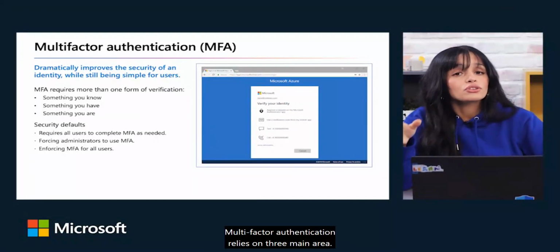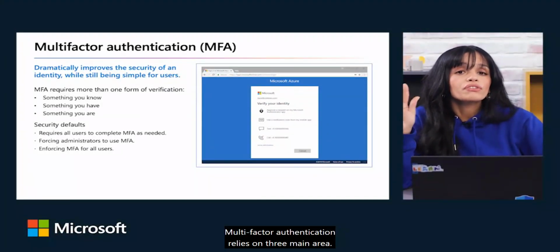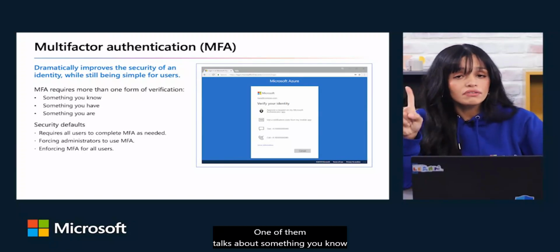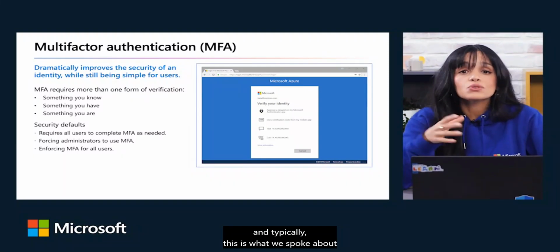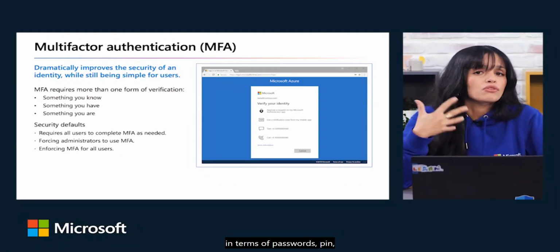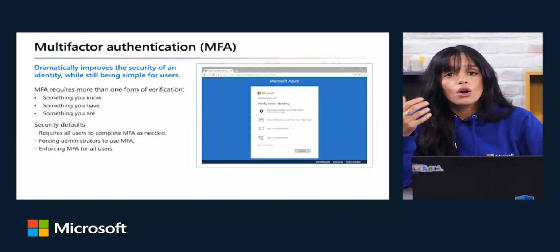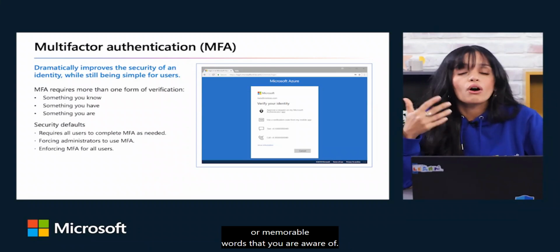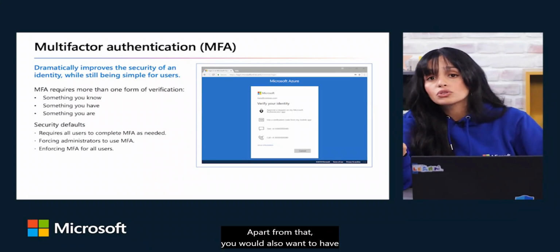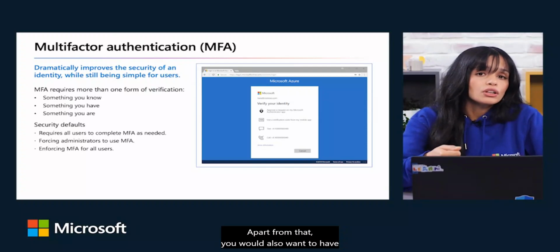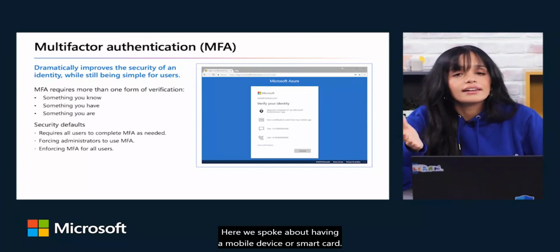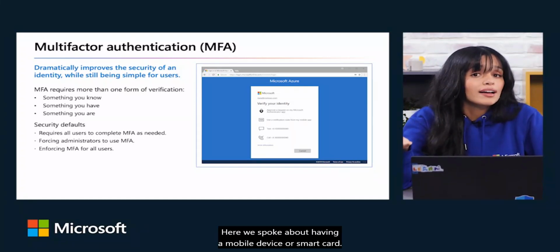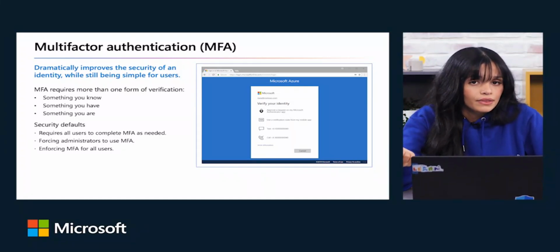Now, multi-factor authentication relies on three main areas. One of them is something you know. Typically, this is what we spoke about in terms of passwords, PINs, or memorable words that you are aware of. Apart from that, you would also want something they have, and here we spoke about having a mobile device or smart card.